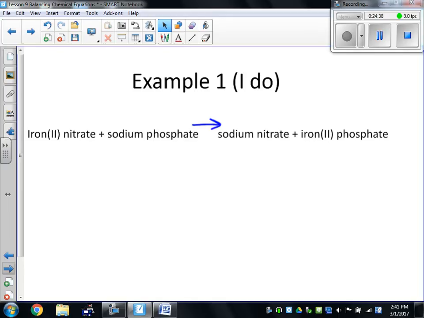Iron 2 nitrate and sodium phosphate will give me sodium nitrate and iron 2 phosphate.